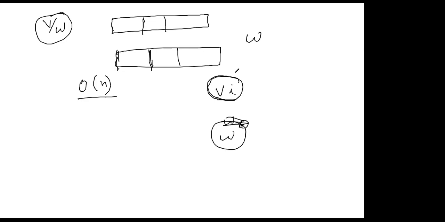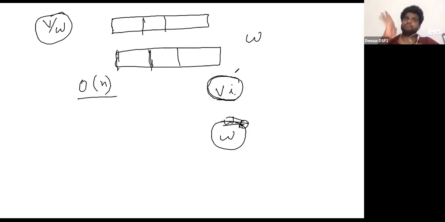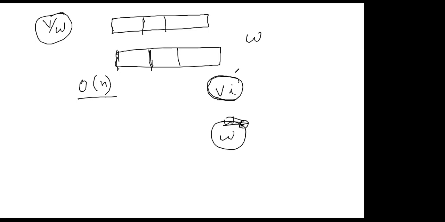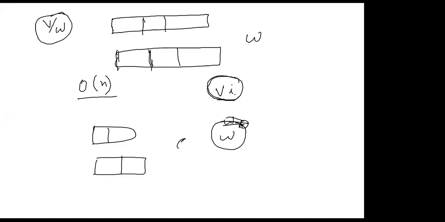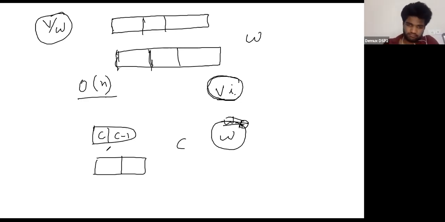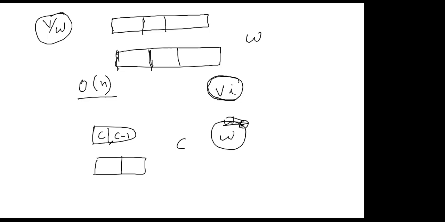So I found an example on Quora. Say the capacity of the knapsack that we're allowed is C. We have two items. The first item has weight C and value C minus 1.